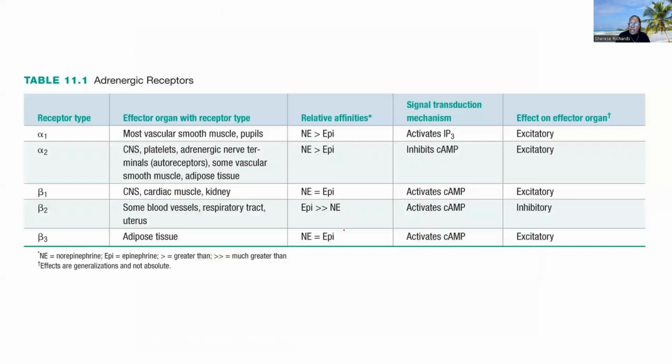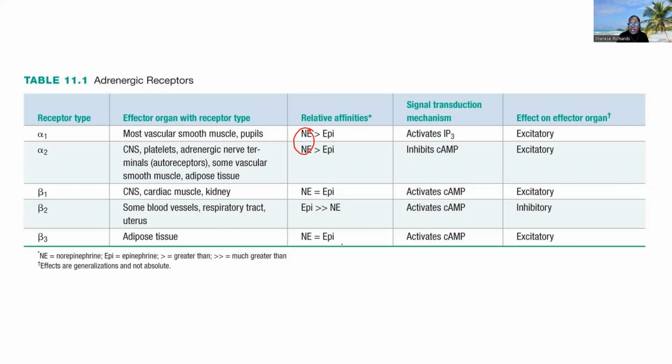All right. So here is a really great summary table to just summarize this. This is something that I'm going to encourage you to commit to memory. You'll see this come up in a lot of different forms in questions. So know the effector organ that we find these receptors on, know the differing affinities, right? So alpha receptors are always going to prefer norepinephrine.